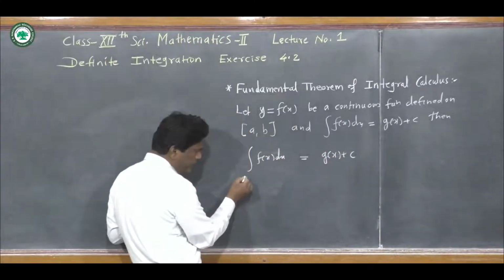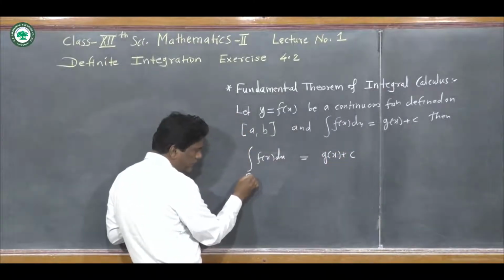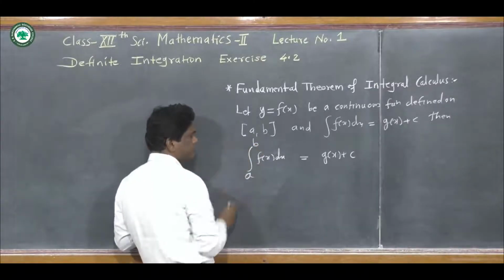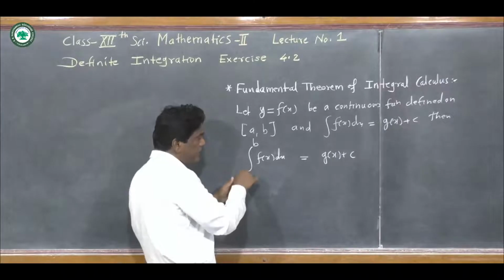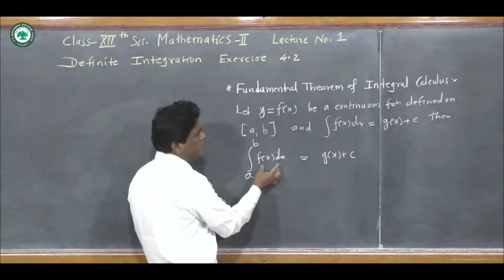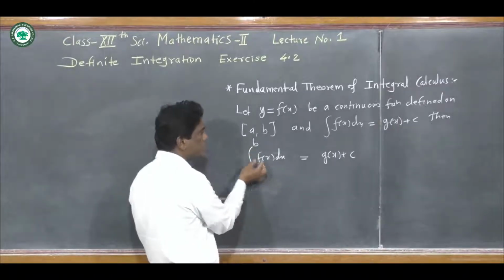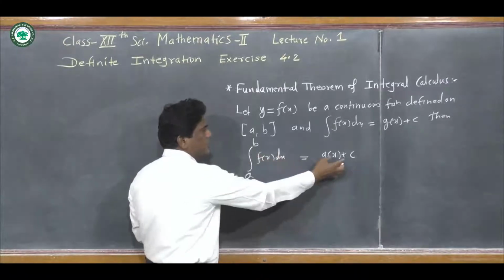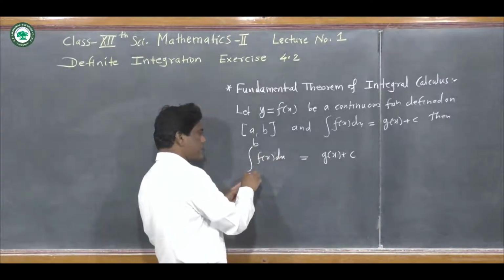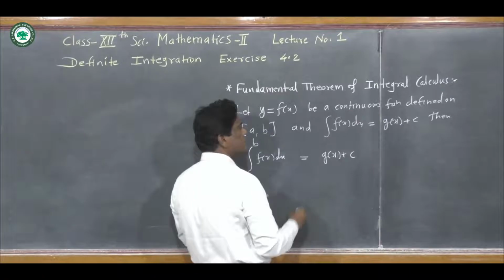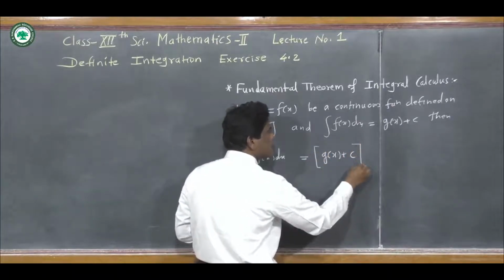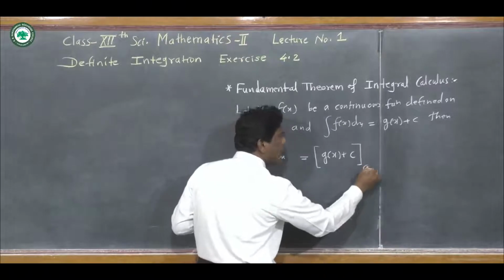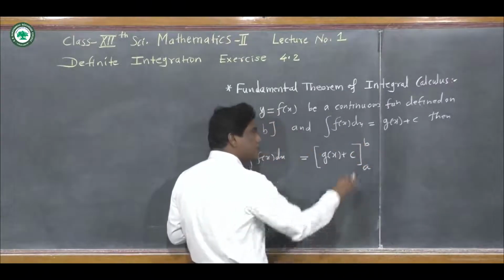Now here we take a and here we write b. This a is the lower limit. Integration from a to b of f of x dx, and the solution of this integration is g of x plus c. So we have to take this a and b on the right hand side also. We take a square bracket like this and put a and b here.